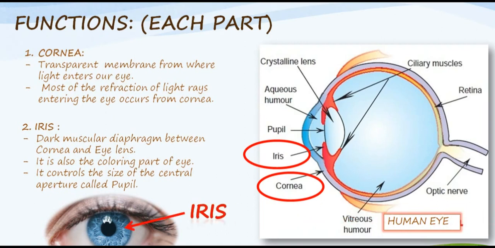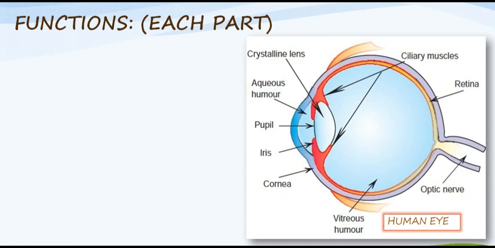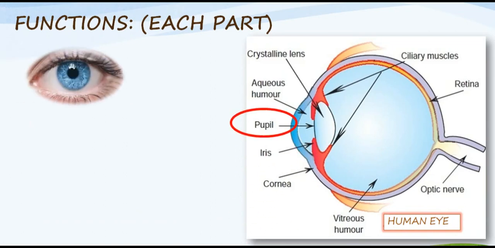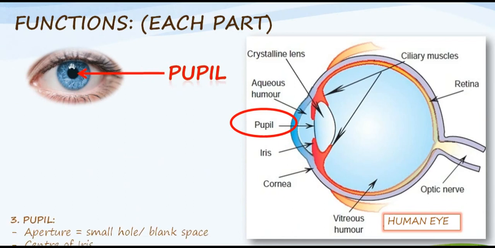Now this coloring portion is called iris, and this dark portion is called pupil. So if we have cleared iris, let us go for the next, that is pupil, right? You can see again the dark portion, the center portion is called pupil. Now pupil is the place from where the light rays will enter inside the human eye.